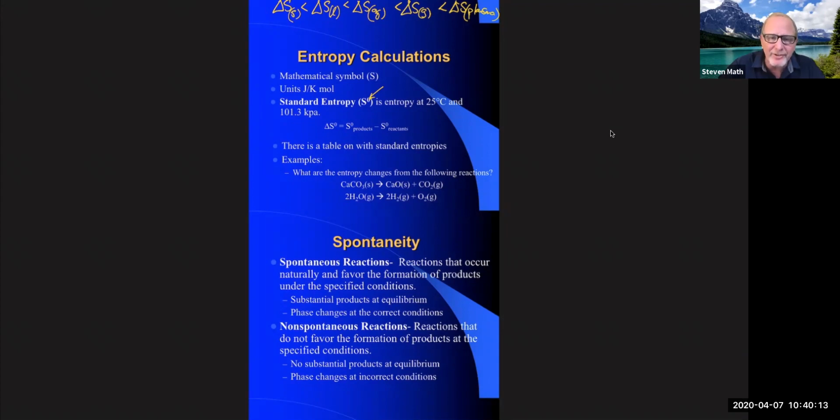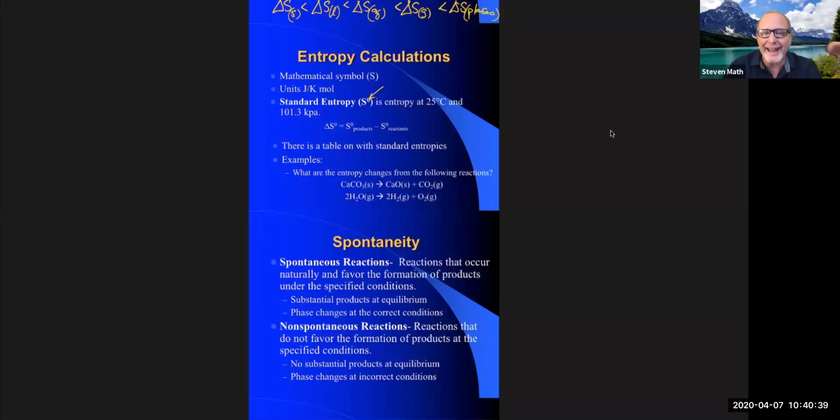And that's going to mean it's happening at standard conditions, 25 degrees Celsius and 1 atmosphere of pressure. Now notice, these standard conditions are thermodynamic standards, not gas law standards. Gas law standards, remember, were 0 degrees Celsius. These are thermodynamic standards, and they're going to be at room temperature, 25 degrees and 1 atmosphere.